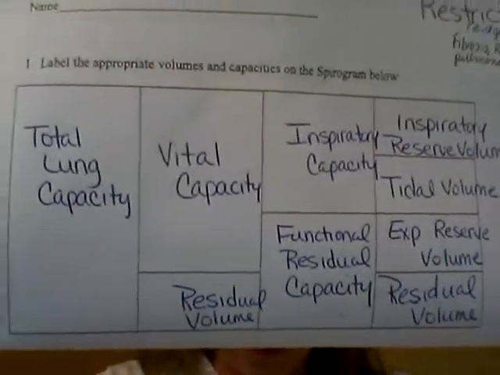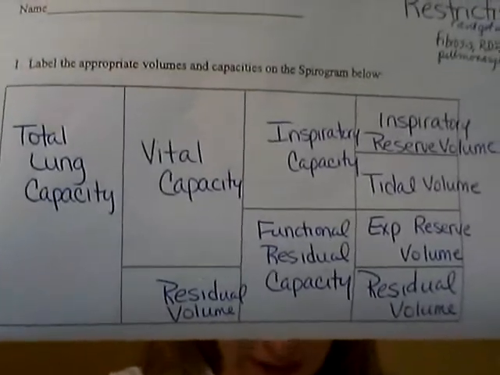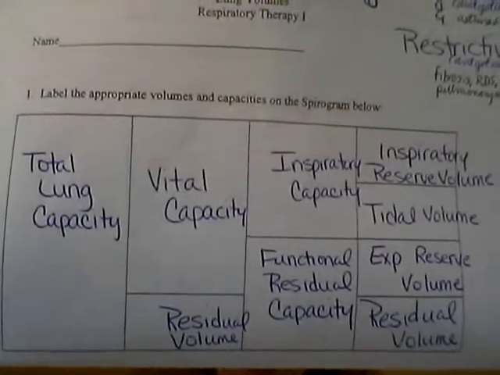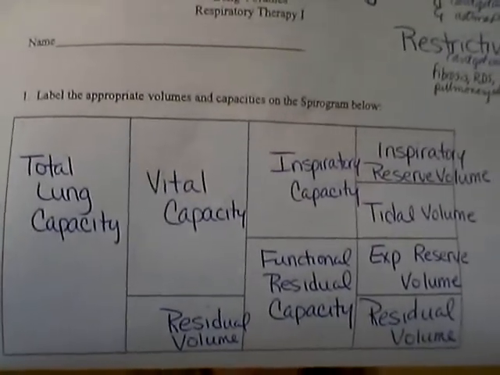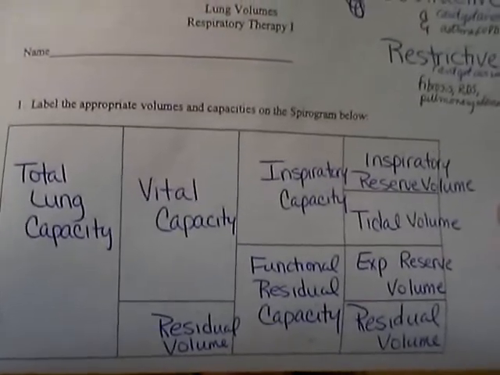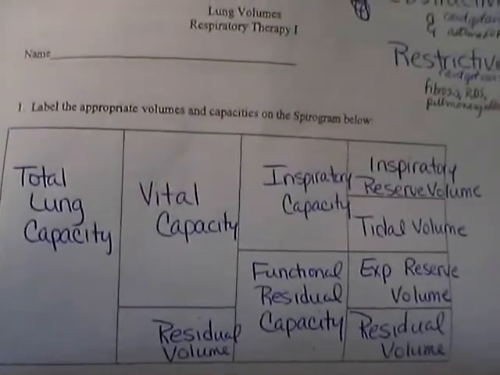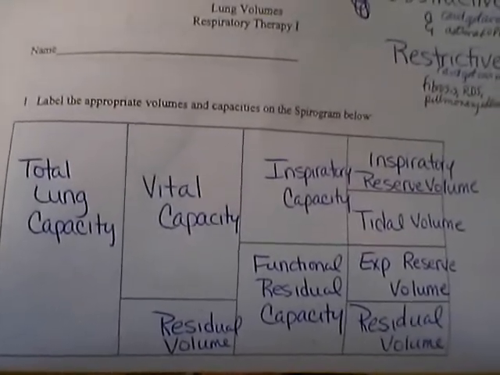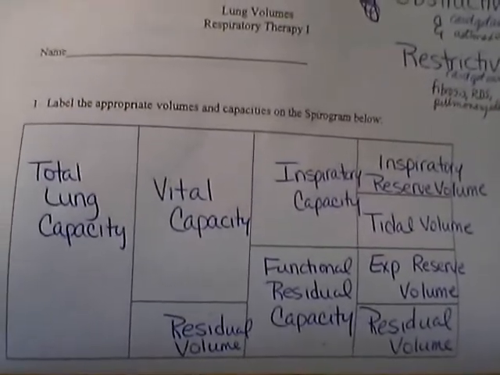So here are all the pulmonary function test values. So you see that tidal volume plus inspiratory reserve volume is inspiratory capacity. Then expiratory reserve volume plus residual volume equals functional residual capacity.